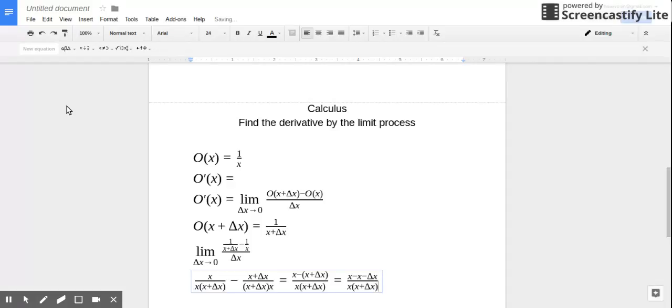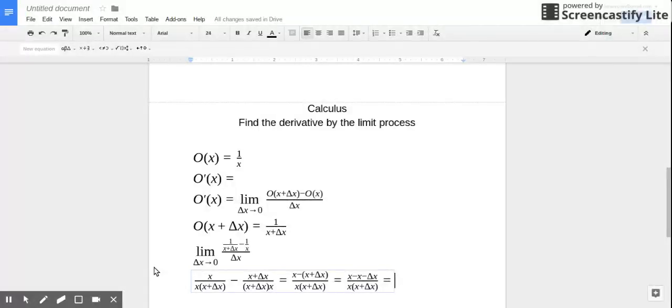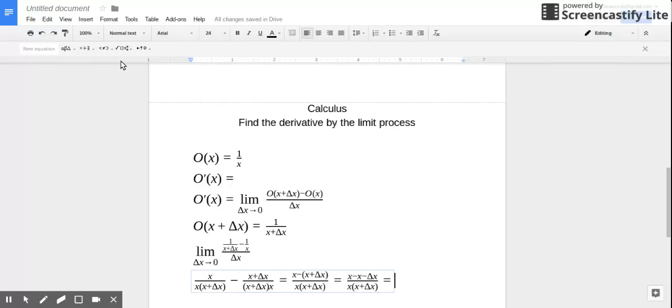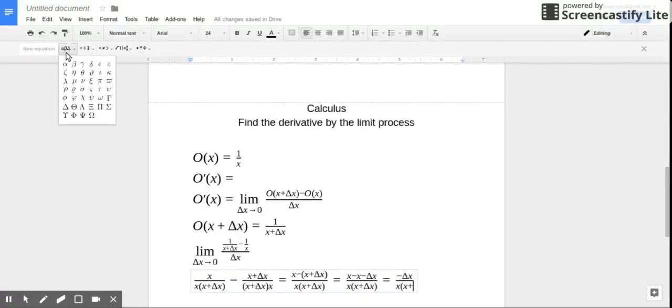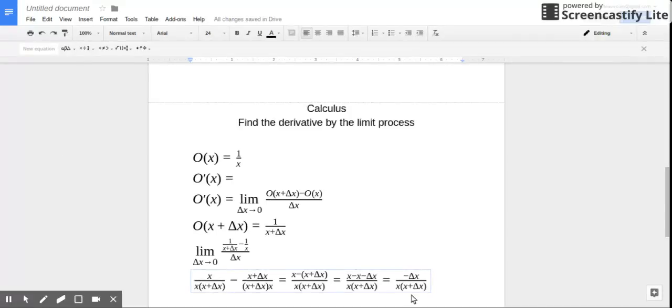Okay, and of course this looks to me like we have x minus x, so we just have a negative delta x on top, if I didn't make any mistakes. We'll find out here shortly. Over x, and then x plus delta x. I should have copied that delta at some point in time. Okay, so this right here now is what we're going to be writing.